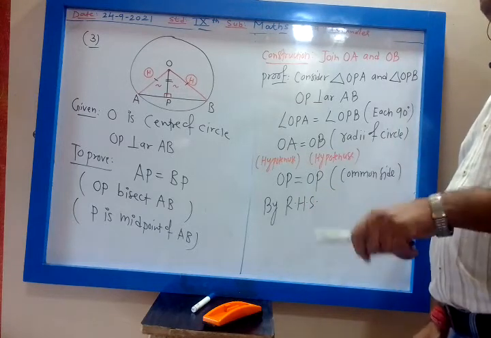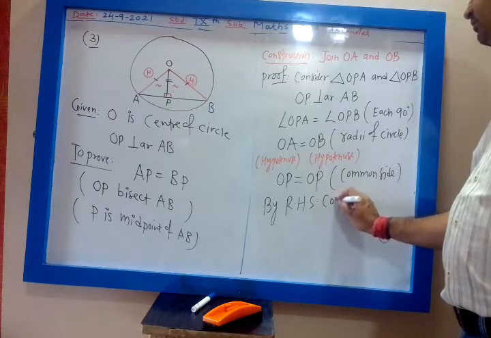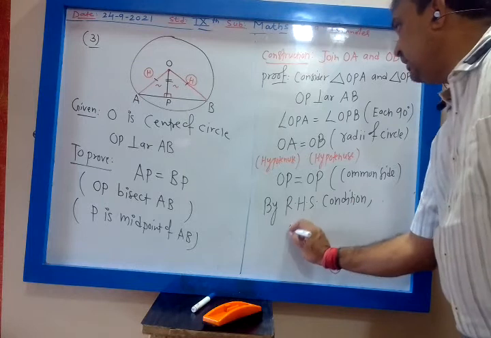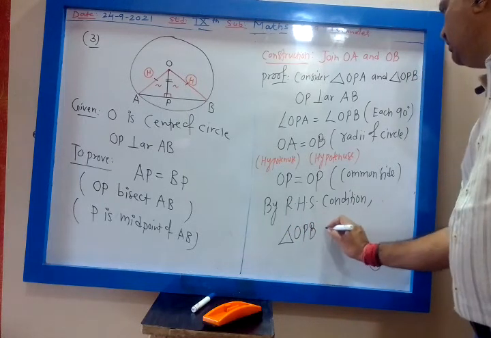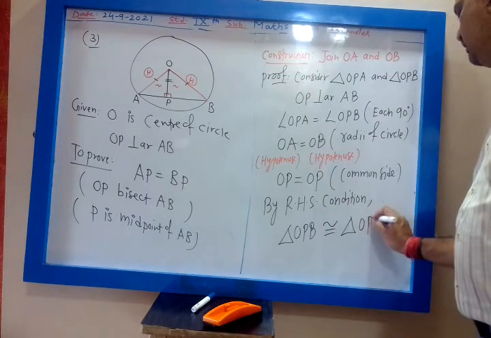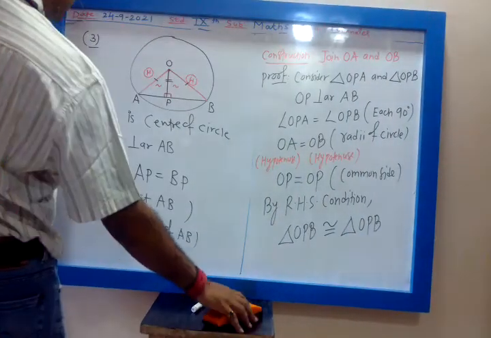by right angled hypotenuse side condition, triangle OPA is congruent to triangle OPB. So by RHS condition, these two triangles will be congruent.